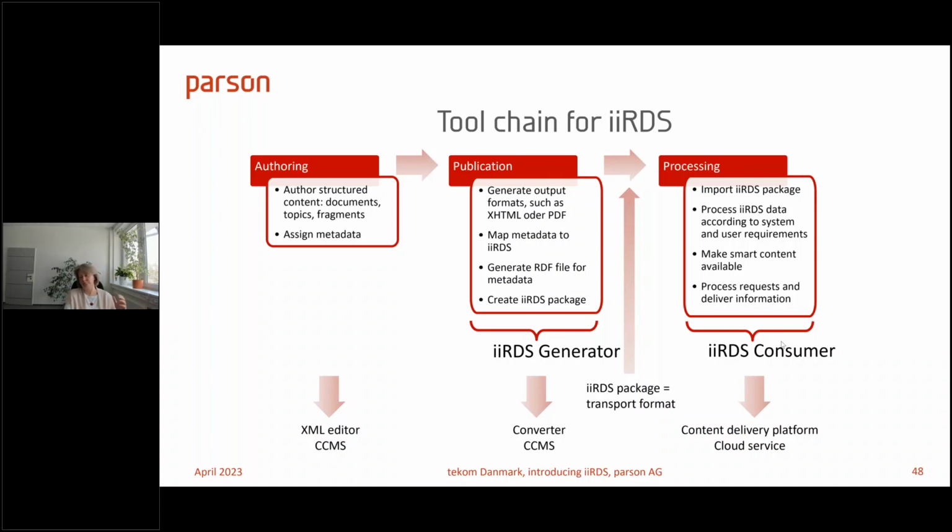So then people can actually consider and remedy the errors and update the content and then deliver it back into this chain. So iiRDS itself does not provide functions. The functions must be provided by your content delivery platform, but you can use iiRDS metadata to support those functions. Does that answer the question?